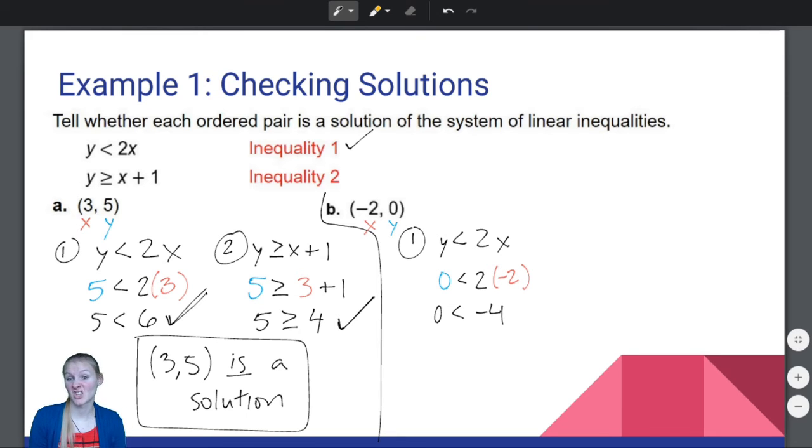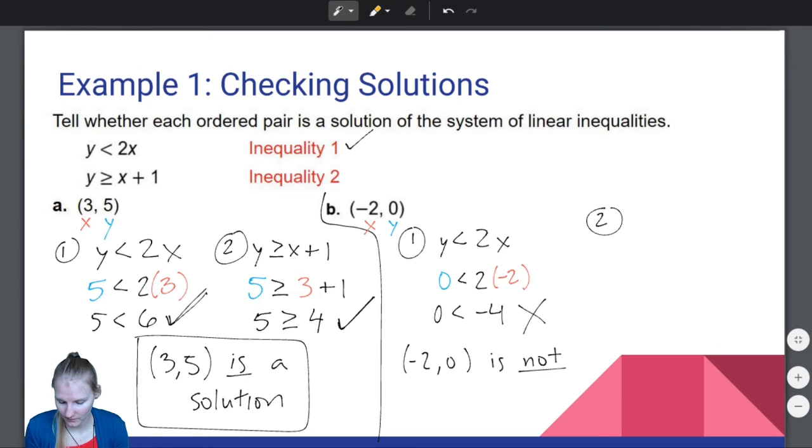Is 0 less than -4? No, it is not. So we don't even need to check inequality number 2.